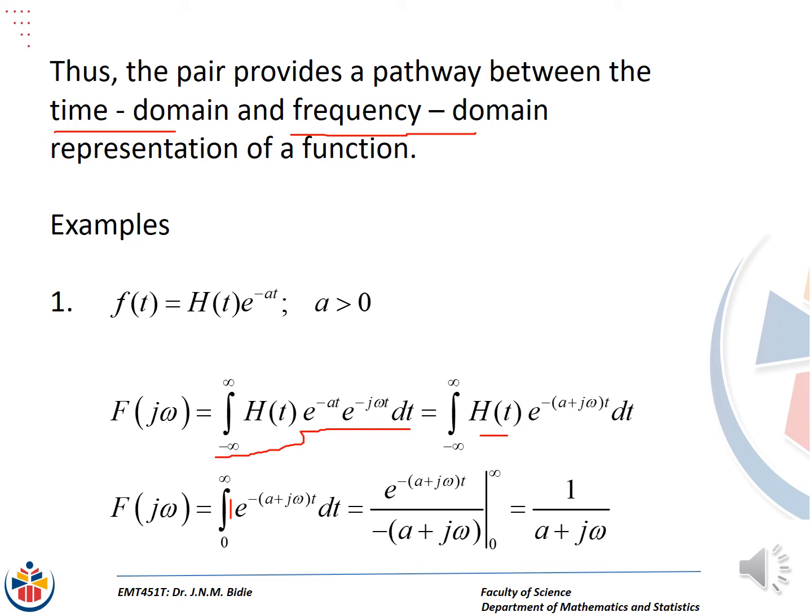After integrating, we make use of our limits. Remember that the limit of e to the power negative t approaches 0 as t approaches infinity. Hence, you'll have 0 minus e to the power 0. Hence, we have that answer for this integral.